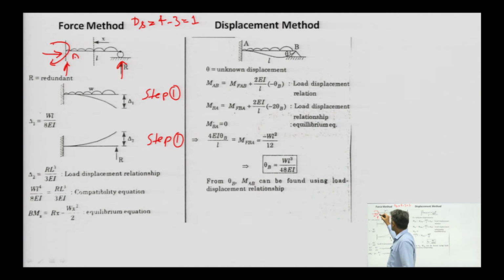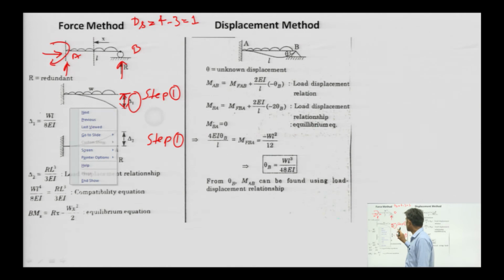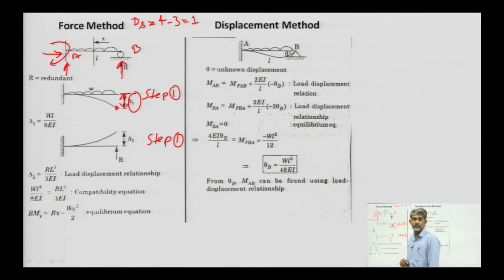Suppose this point is A and this point is B. In step 1, we removed the roller support at this point, and after removing the roller support, we calculate the deflection at that point.